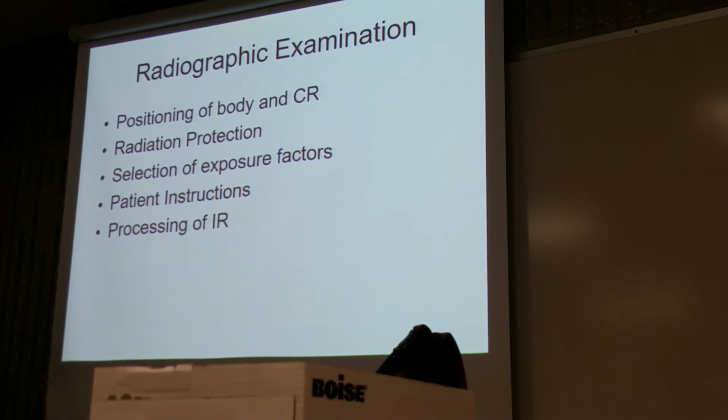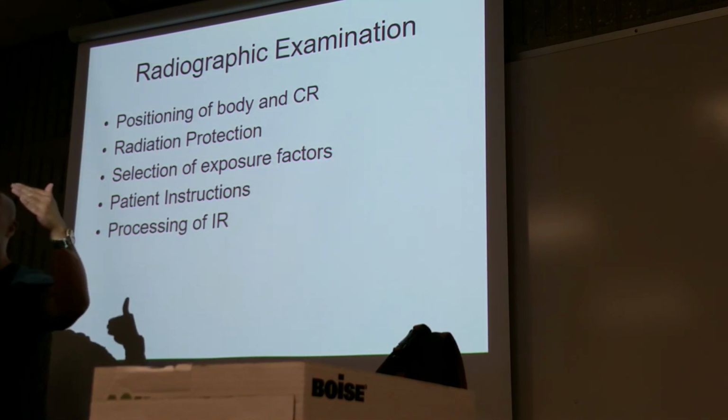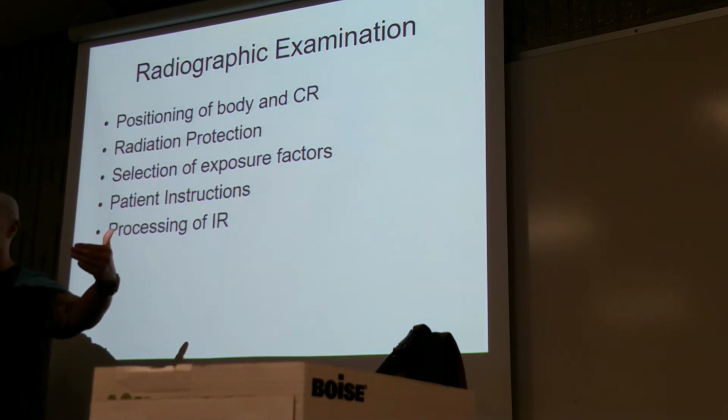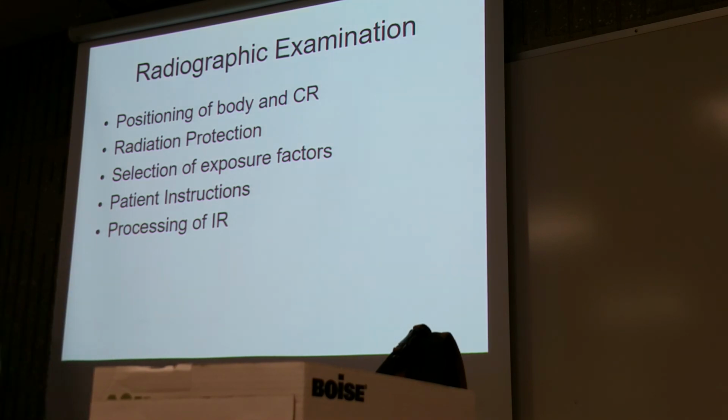Do you guys remember the anode heel effect? See, I'm bringing back stuff that you guys learned, what, 3 years ago? The anode heel effect. The beam intensity varies from the cathode end to the anode end. It's called the anode heel effect in that the cathode end of the X-ray beam is going to be greater than 100%, whereas the anode end is going to be less than 100%.